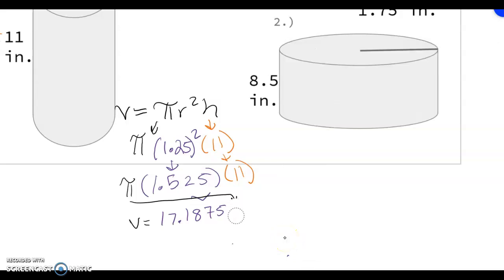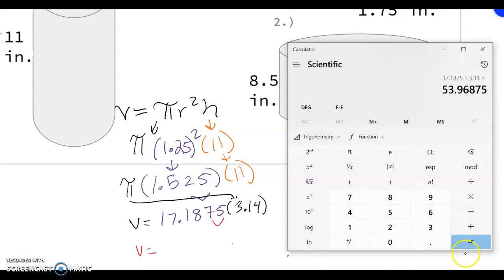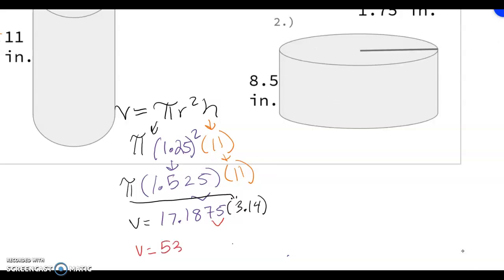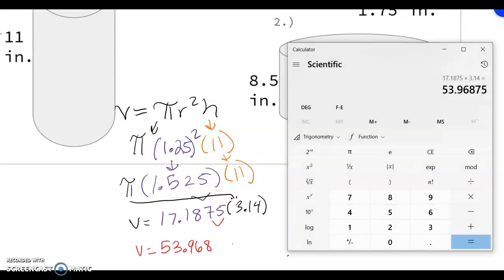So remember, pi is the number 3.14. If I multiply that, what I'm going to get is 53.96, I believe the next number was 8. Perfect.